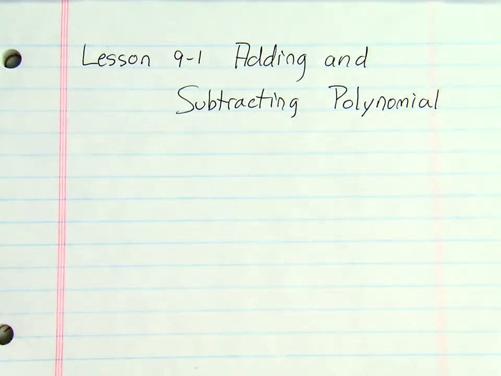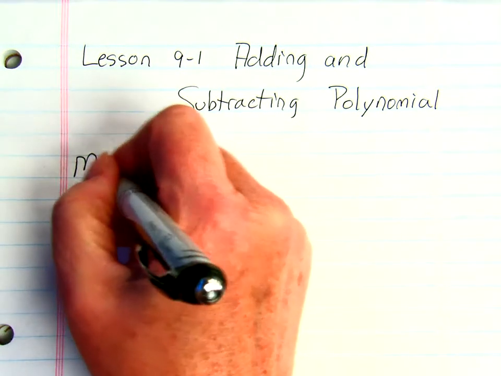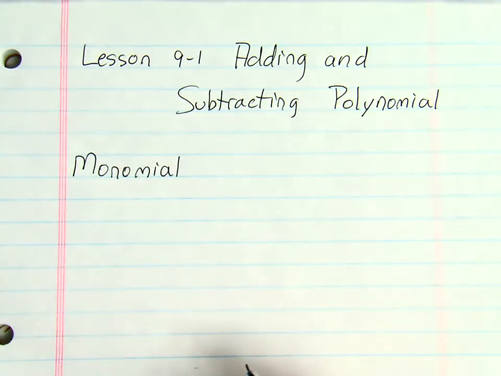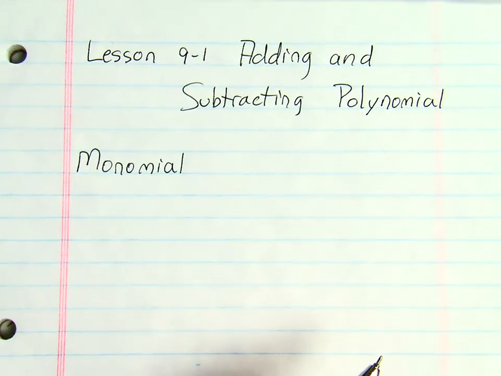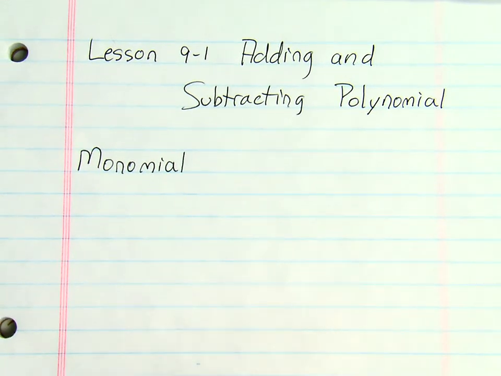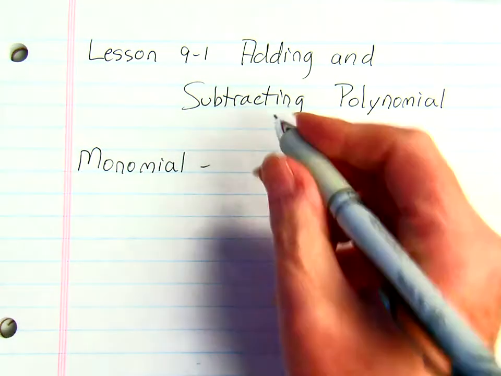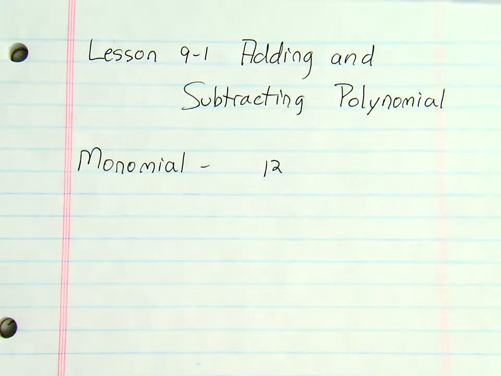So the first thing that I want to talk about is monomial. A monomial is basically a single term. A monomial can be a constant, okay, 12, that's a monomial.